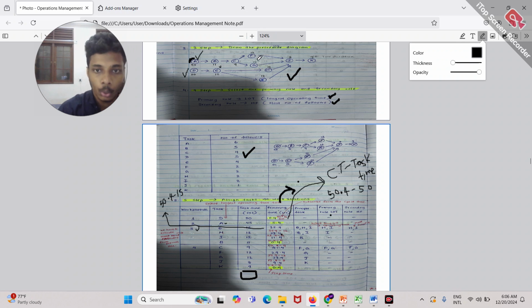Look at this. 12 is higher than the 9, but can you jump without doing this C task? Therefore you have to firstly put C here, right? You have to firstly do the C, and then you can jump to F or G, right?